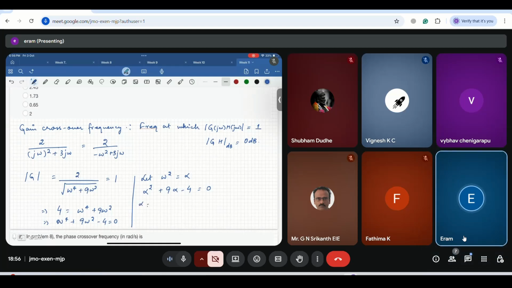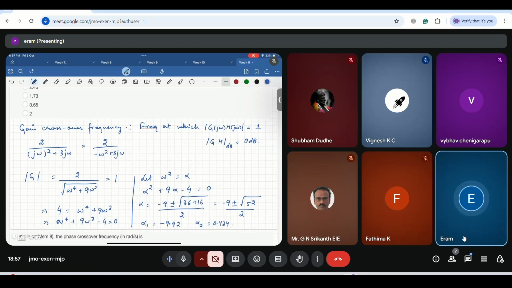So your alpha will be minus 9 plus minus the square root. Okay, so this will be your alpha. And when you calculate it, you will get one alpha as minus 9.42 and another alpha as 0.424.